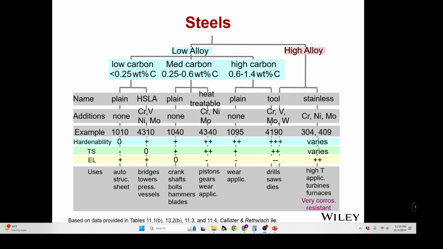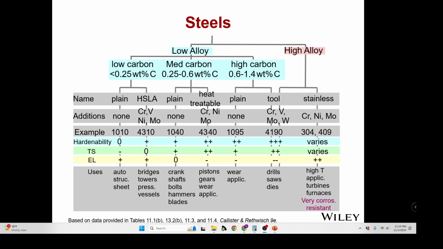Tooling steels. This is where you get up into the upper range. So above that, like 0.9% carbon gets into the tooling steels. So 4190 would be an example of a combination of chrome, vanadium, molybdenum, tungsten, and some different specifics in there.